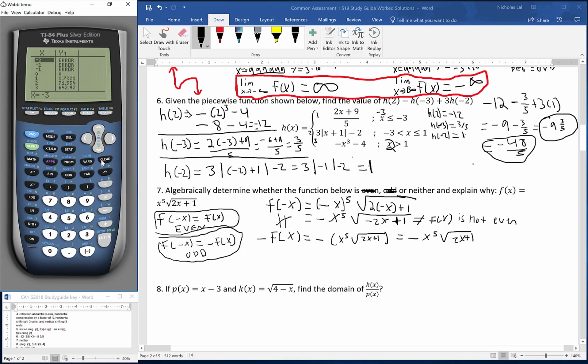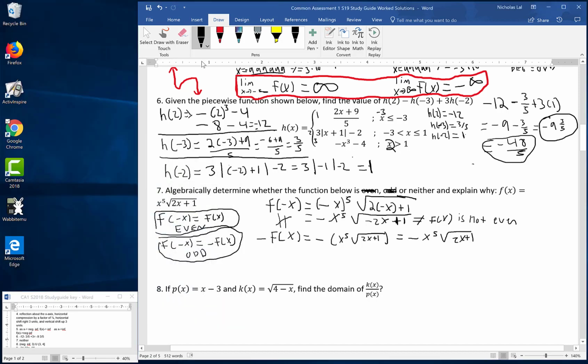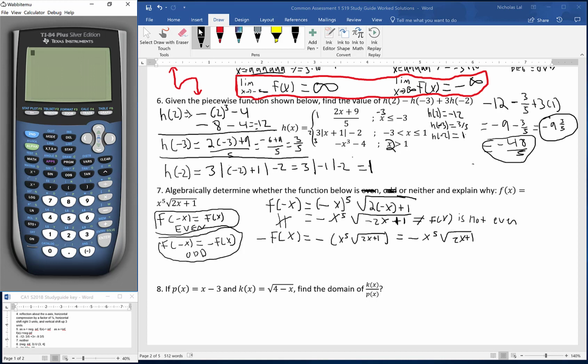So you can't have symmetry. Furthermore, just graphing this function, you do not have symmetry across the origin and you don't have symmetry across the y-axis. So not even or odd. Okay, so the answer is neither.